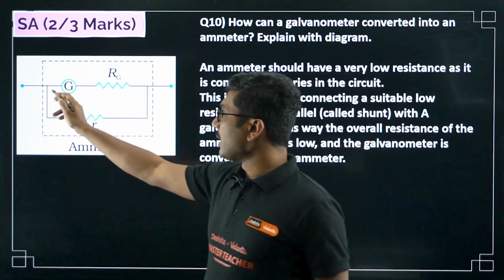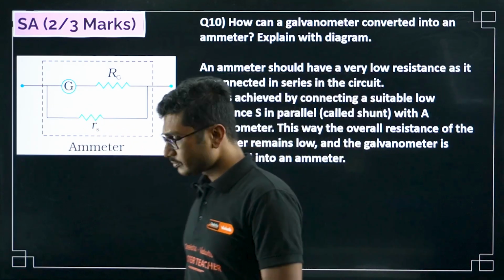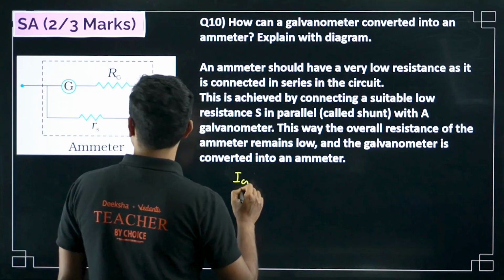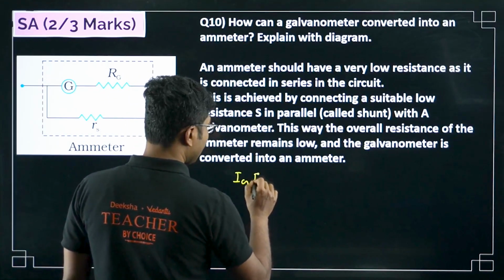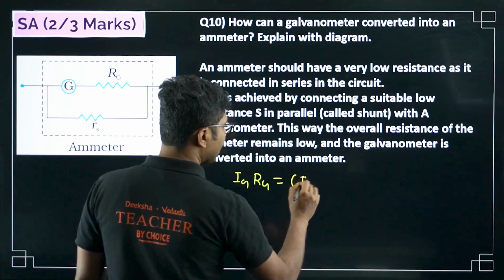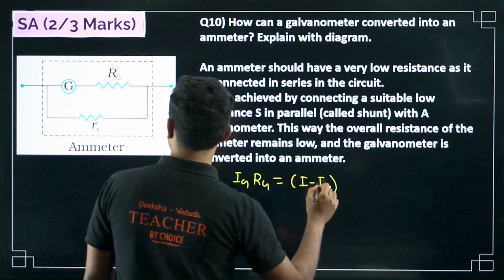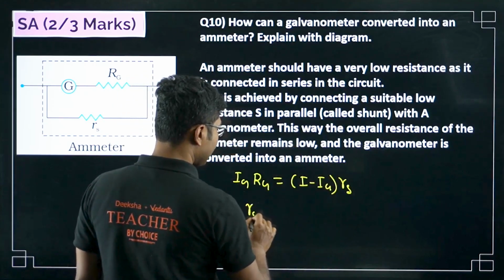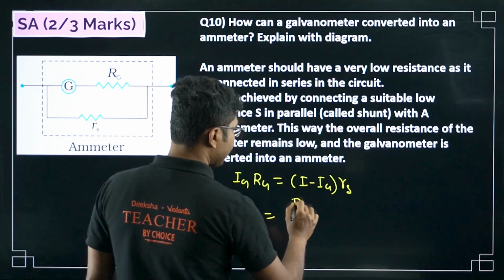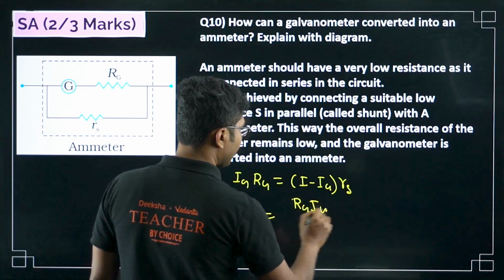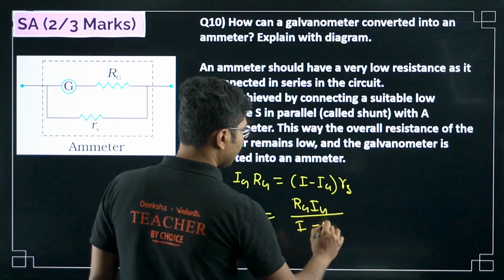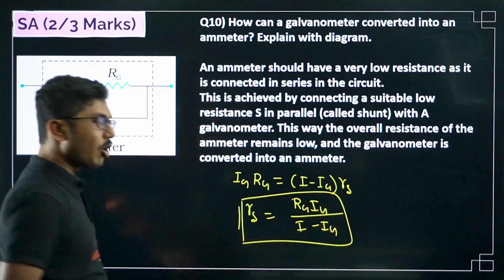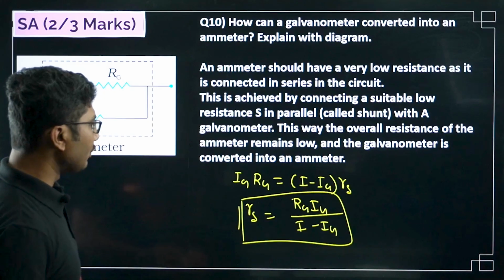As you know, we have connected a shunt in parallel, and again Ig into Rg equals (I minus Ig) into Rs. From here you can calculate Rs, very simple: Rs equals Rg Ig by (I minus Ig). As simple as that. This is the formula. Again optional, but good to write.